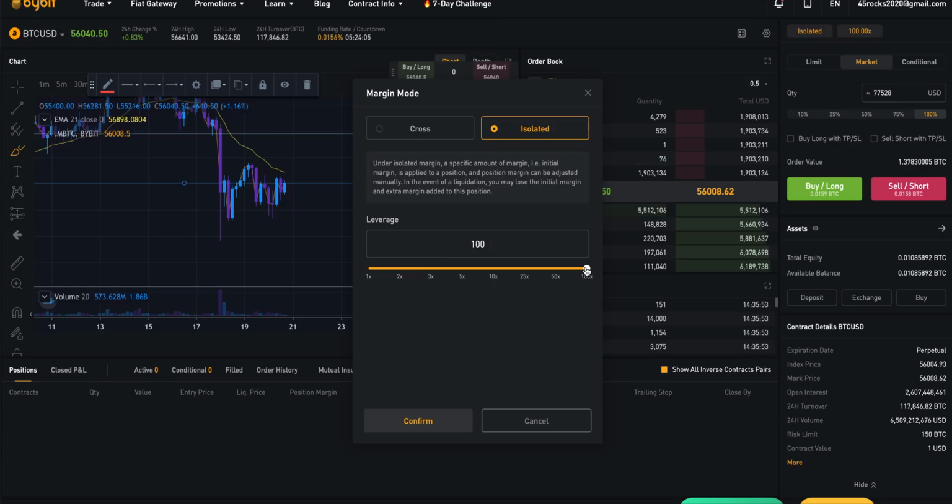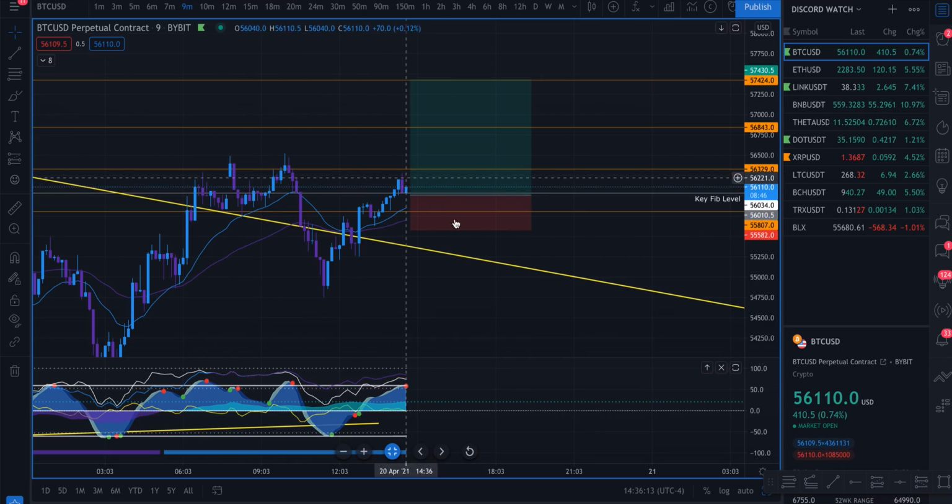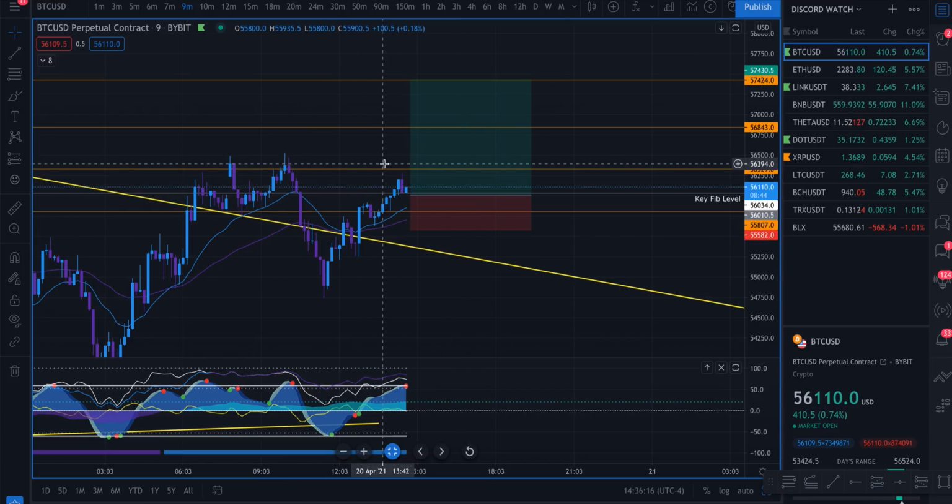If I'm scalping, I will use maybe 2 or 3x, 5x at the most, and I'll use a very high amount of contracts. But if you're new to this, you're probably going to want to start, and I mean this, with 1x and just get the hang of trading. Get the hang of doing your technical analysis. Get the hang of it before you actually start trading in earnest.